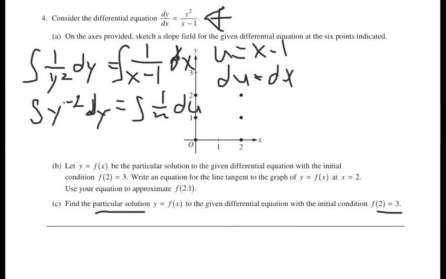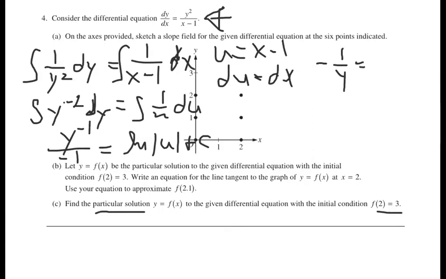Over here on the left side, we're going to add 1 to negative 2, which gives -1, and that's going to be over -1. And then over here, we're going to have the natural log of the absolute value of x minus 1, plus some c. Okay, then we are going to go ahead over here on the left side and rewrite that as -1 over y equals the natural log, and then we're going to put our x minus 1 back in for that, plus c.